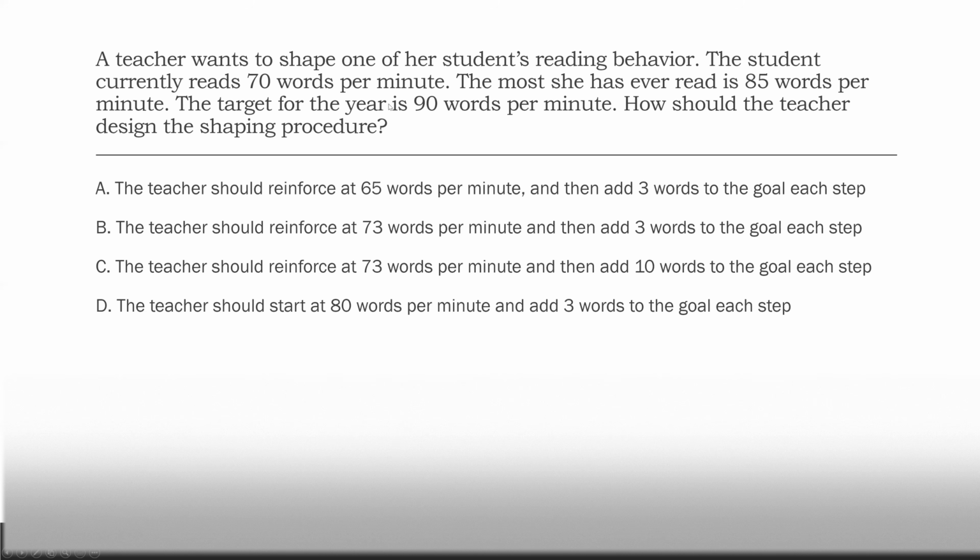And it's a reasonable starting point. C has a reasonable starting point, but again, 10-word jumps each time is going to be too much. So remember, when designing shaping procedures, let's pick a starting point just above where they're already at, and then make sure our increases are reasonable. So in this case, the teacher should reinforce at 73 words per minute, and then add 3 words to the goal each step.